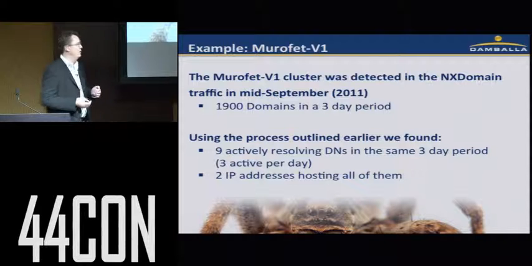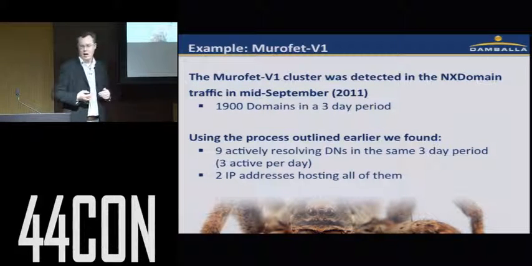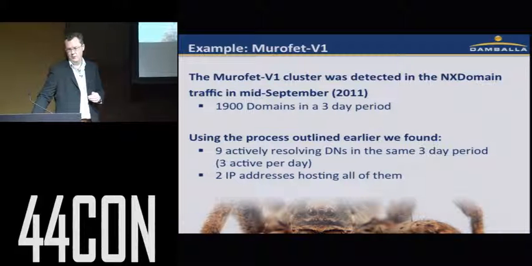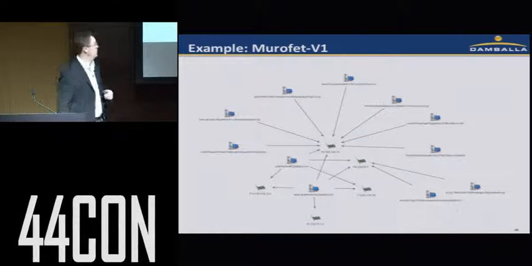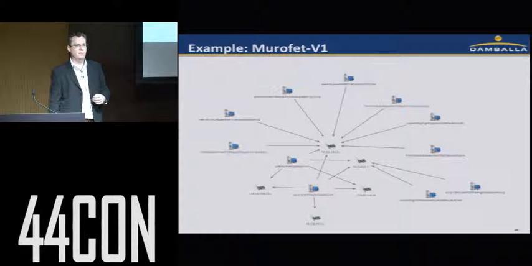So very well organized: 3 domain names registered and in use at the time, pointing to 2 IP addresses that were hosting them. Probably too small to see, but you end up with a very simple architecture of the domain names that were successfully resolving at that time, pointing into their command and control servers, all automatically enumerated.